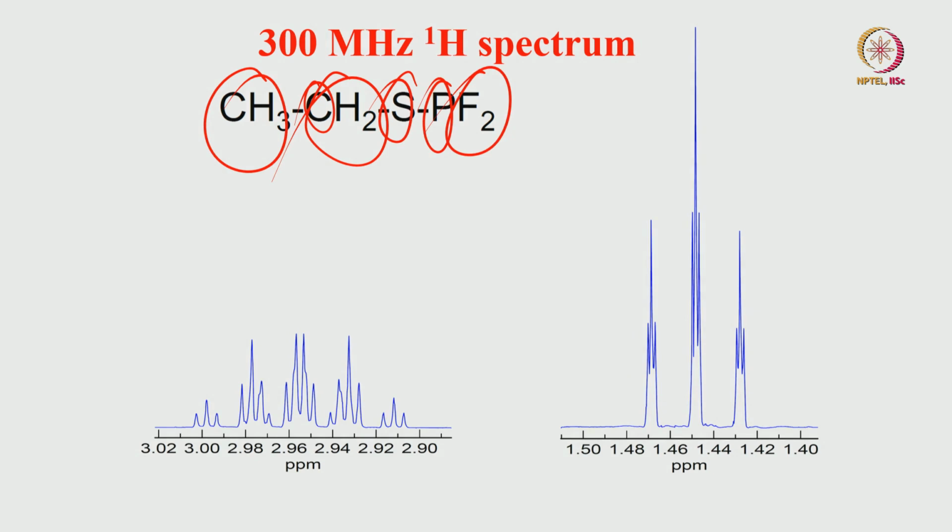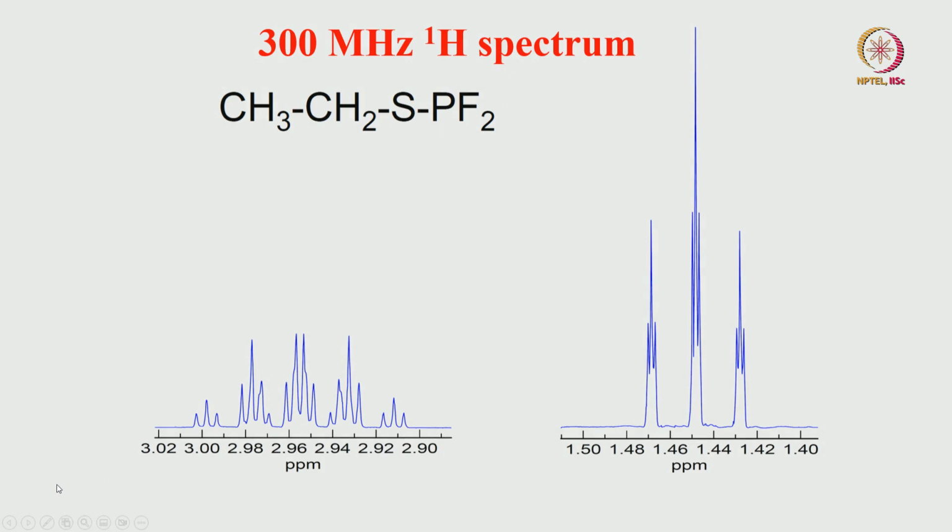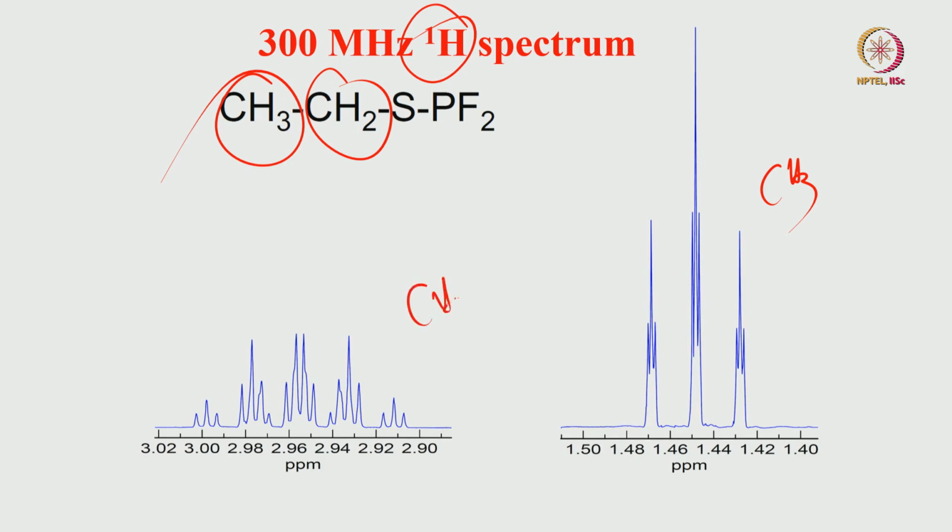As a consequence, if I look at a simple molecule, I can find out the multiplicity pattern depending upon the interactions. And of course, I am looking at the proton NMR. There are only two groups which give a proton signal. I can clearly say the high field region is CH3 and the low field region is CH2. No doubt about it. And why is CH3 a triplet? Because it is coupled to CH2. That is fine. But now look at this molecule.